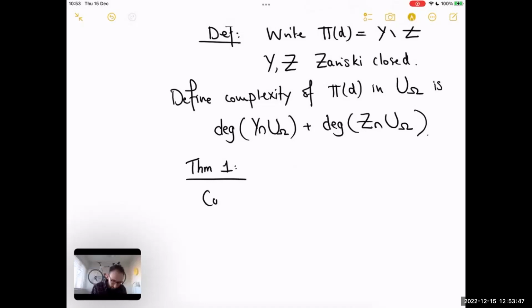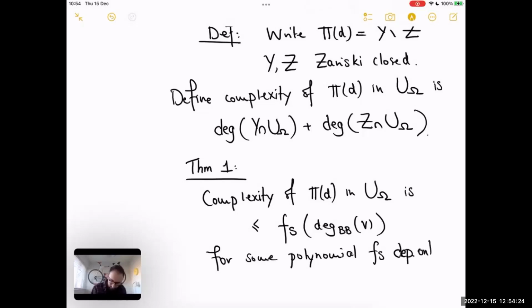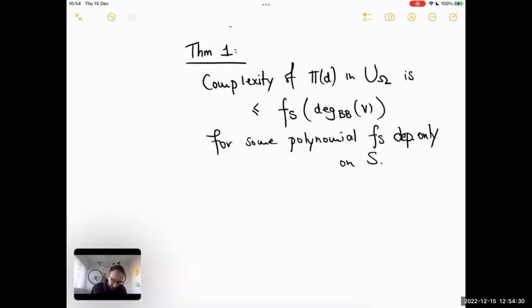So the complexity of pi d in U omega is at most polynomial in the Baily-Borel degree of V. So this is for some polynomial F_S, depending only on S. But that also then allows you to get at the individual weakly optimals, so in particular maximal weakly specials.